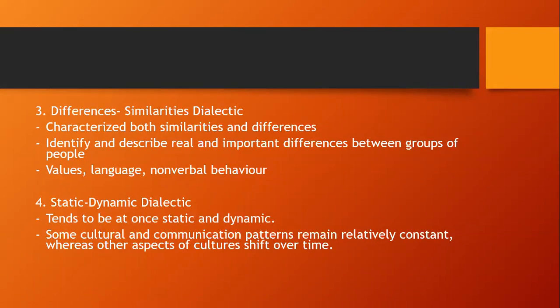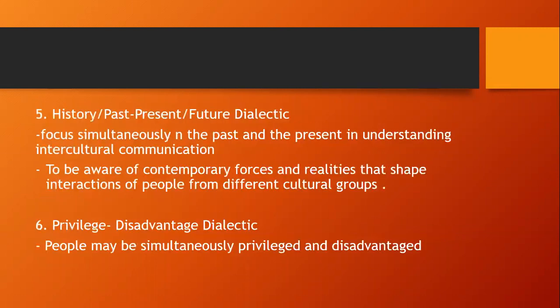So we have differences, similarities, and dialectics. The static-dynamic dialectic tends to be at once static and dynamic, whereby some cultural and communication patterns remain relatively constant, whereas other aspects of culture shift over time. So when we talk about culture, some remain the same at every phase, some change.